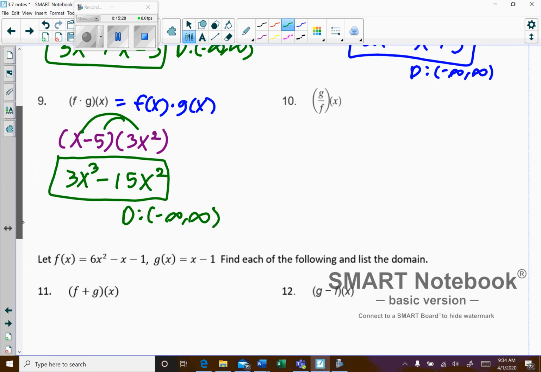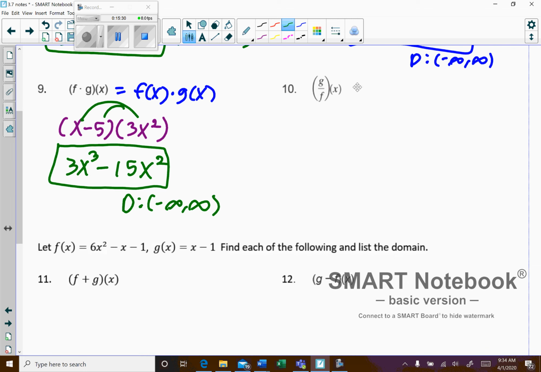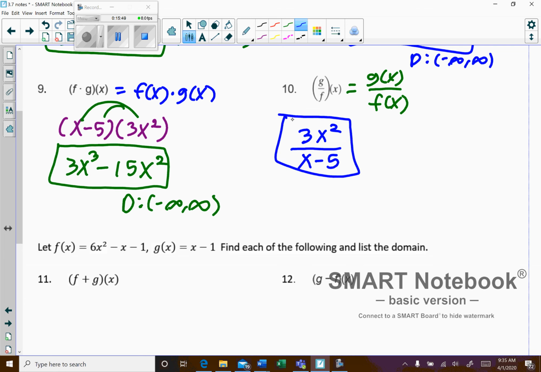Okay, now our fraction one. Once again, you just put the g function over the f function. The g function is going to be 3x squared over the f function, which is x minus 5. So that's that part. Now remember that denominator cannot equal 0, so that means x cannot equal 5.